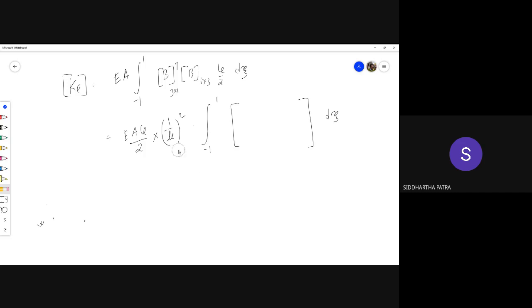So basically here you have EA by 2 LE, and then this integration going from minus 1 to 1, and you need to multiply. You need to get each and every term of the B matrix.